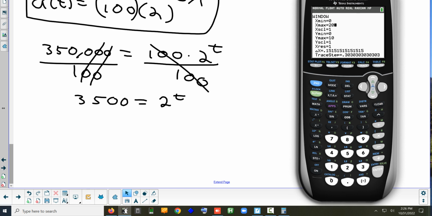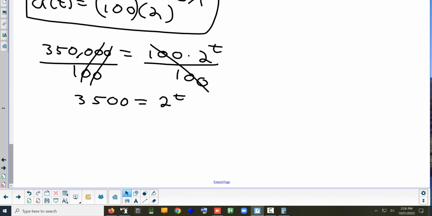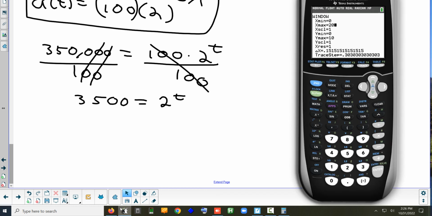I would try like 4,000 maybe. Yeah, because we put 3,500 in y1. So that's a horizontal line at 3,500. Unless you go at least to 3,500, you're not going to see anything for a horizontal. So Dominic said 4,000. I think that's perfect.